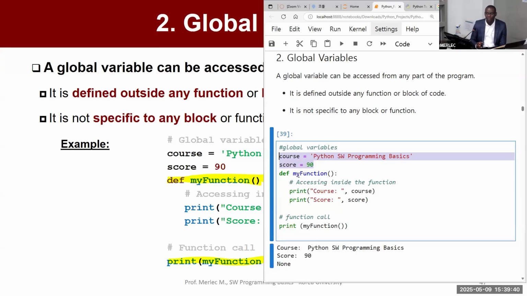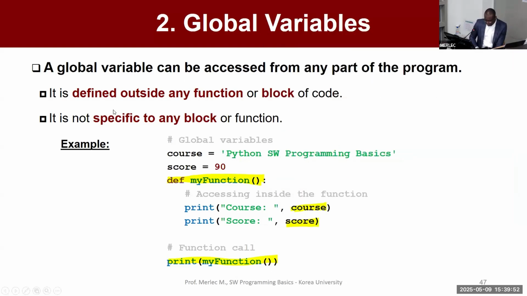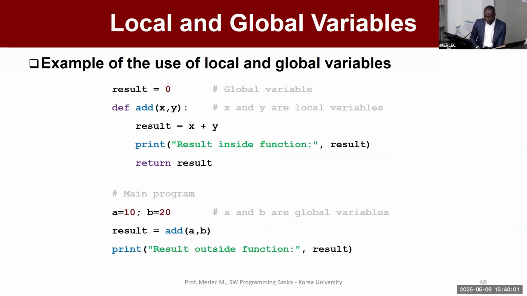Since the function shares the same global memory with this print line, it will be able to access the value which has been stored in memory. But the reverse is not possible. When variables are defined inside the function, they cannot be accessible outside before they have been created in memory. Keep that in mind. With another example here, we have the combination of local and global variables.